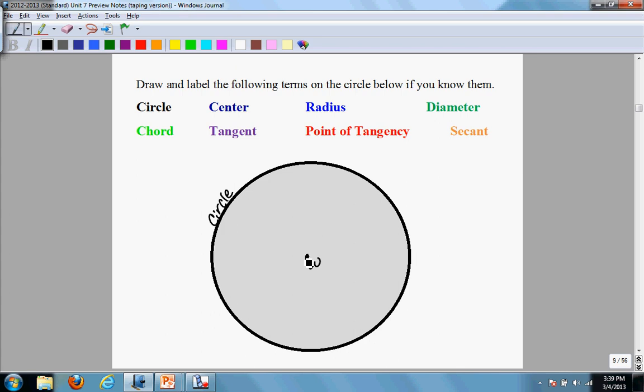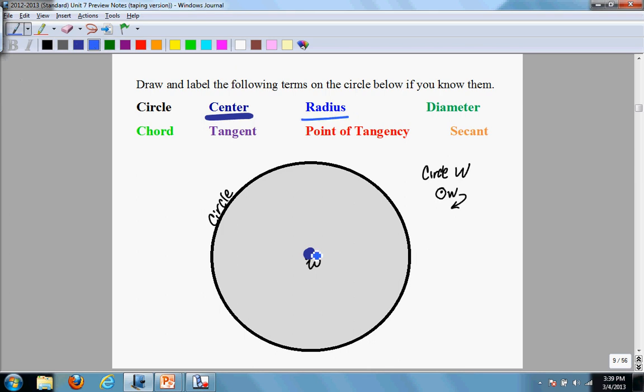So if I put W right there in the middle, I would call this circle W, or the symbol I would use would be a little dot inside a circle. That's the symbol for circle W. So when I say circle W, that implies W is automatically the center of the circle, which we have right here, center. So that would be the center of the circle.